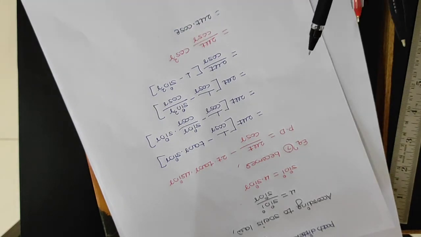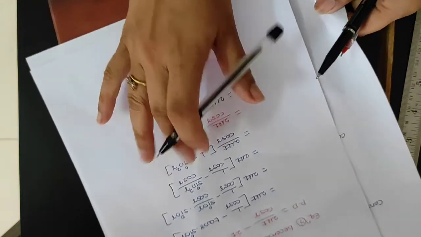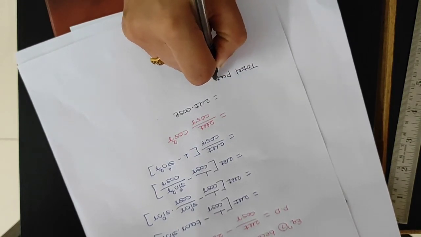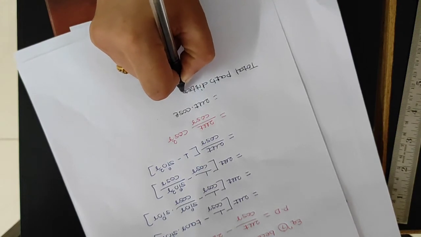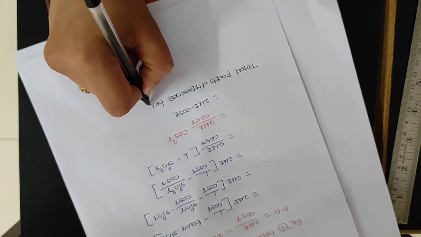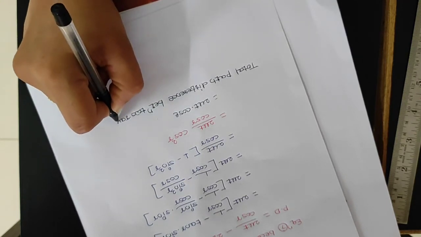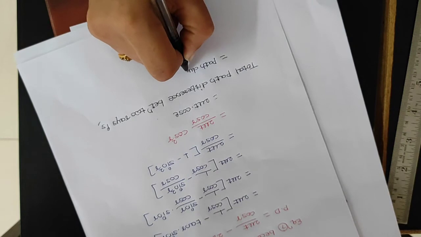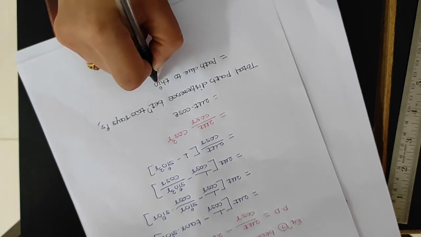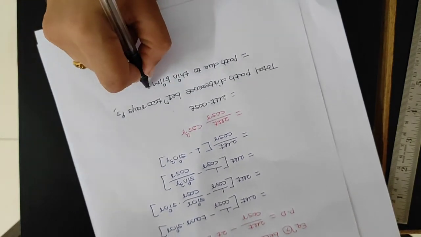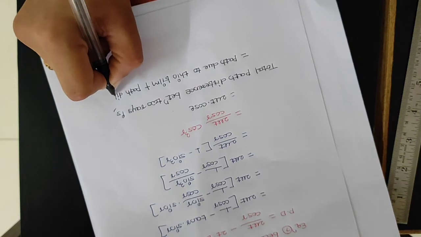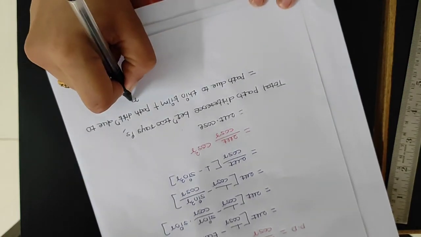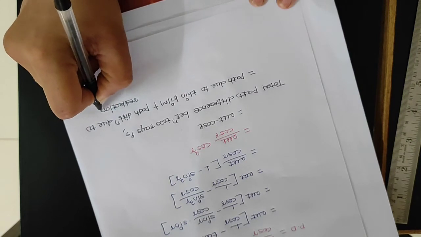Okay. So total path difference we can write: path difference produced due to the thin film plus path difference due to reflection, which is equal to lambda by 2.